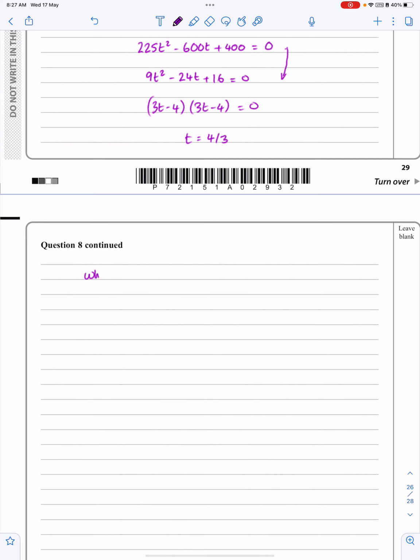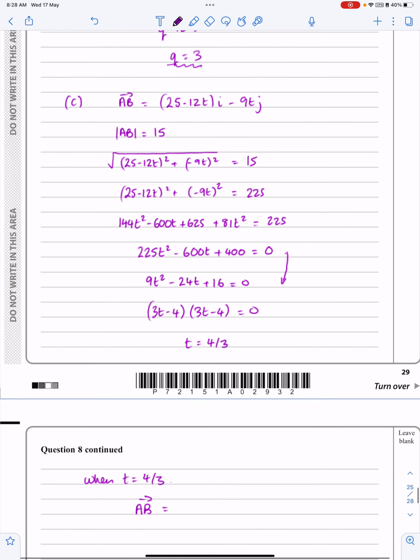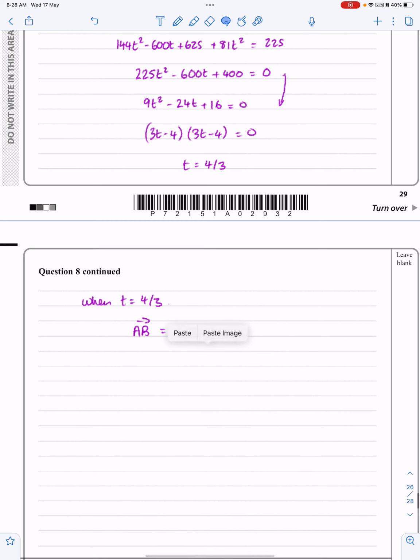So when t equals 4 over 3, just stick that back into AB, which was this bit here. So AB works out to be equal to, when you stick 4 over 3 in, 9i minus 12j.